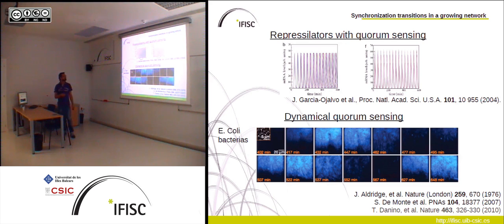of gene expression that showed, for small density of oscillators in the system, all of them evolve more or less independently, each one with his own phase. And for large density of these oscillators, all of them become synchronized.